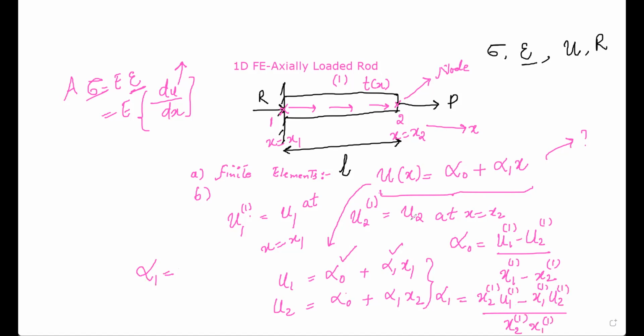Now let's write this. So we know the value of alpha naught and alpha 1. Let's write this u as a function of x in terms of this alpha naught and alpha 1.